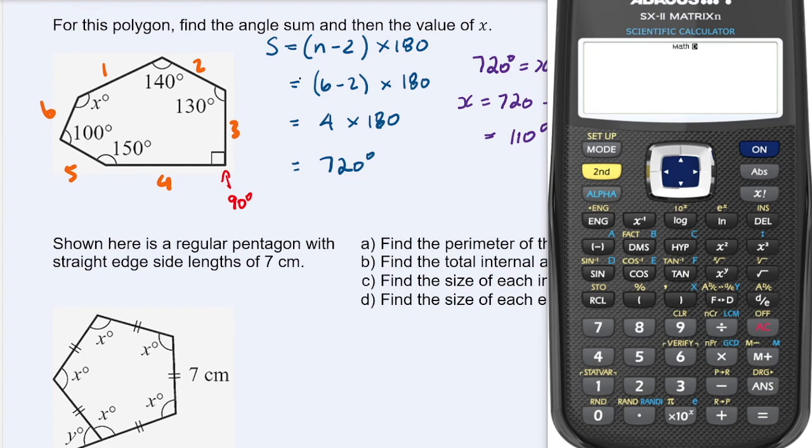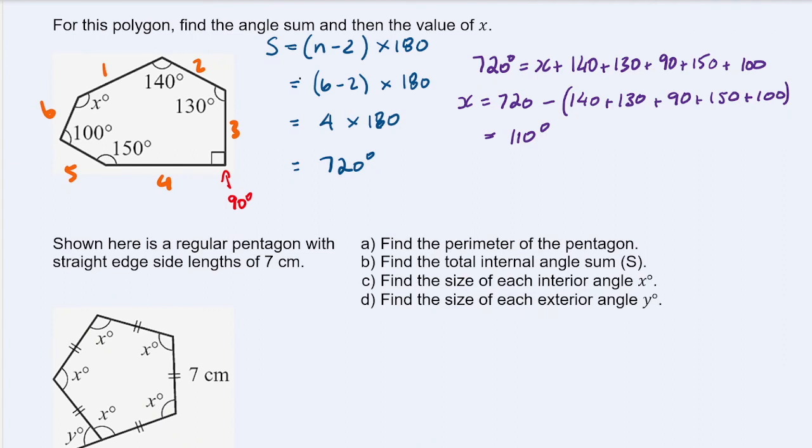And we're going to go 720 minus, now open up my bracket. It's going to be 140 plus 130 plus the 90 plus the 150 plus the 100. I'm going to close off my bracket. Hit equals. That gives me the 110. Perfect, we've done it correctly.